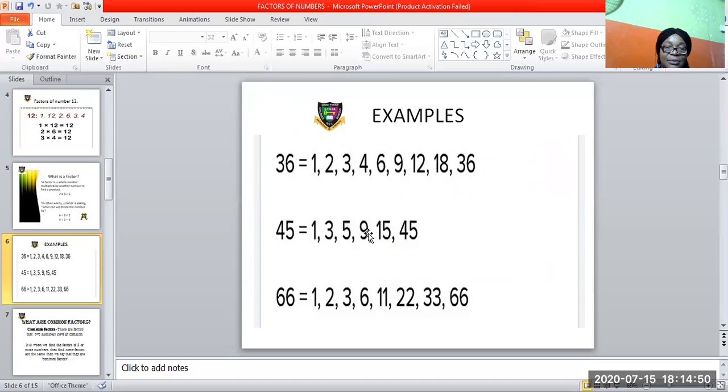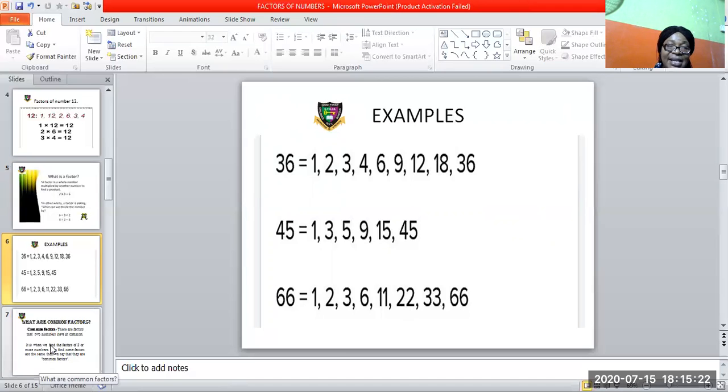And the factors of 66 are 1, 2, 3, 6, 11, 22, 33, and 66. These are the numbers that, when multiplied, can give us the product of 36, 45, or 66.